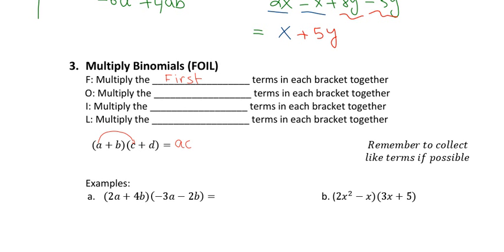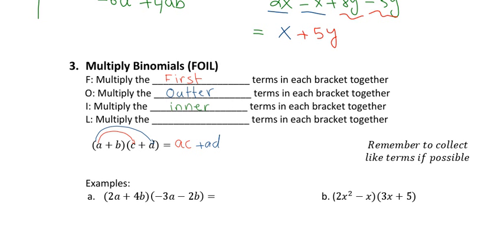Then my outer terms. If you're looking at this, what would you say your outer terms are? So where are your outer terms? A and D. Okay? So these are your outside terms. Then I stands for inner terms. So what are your inner terms? The inside.